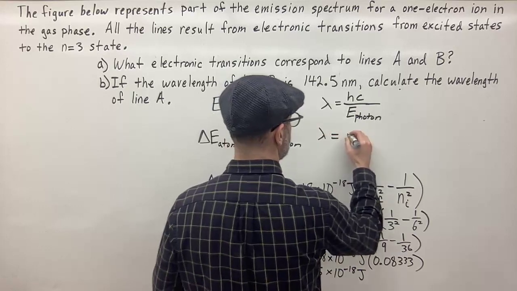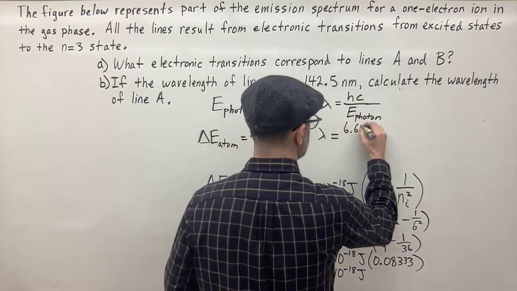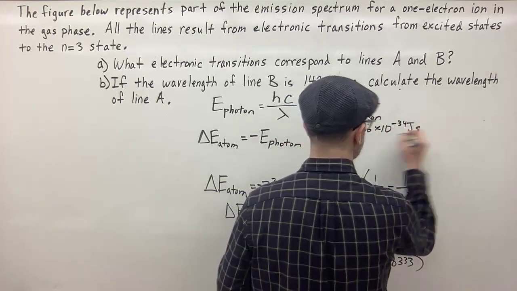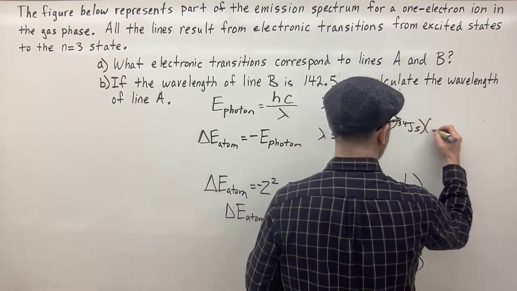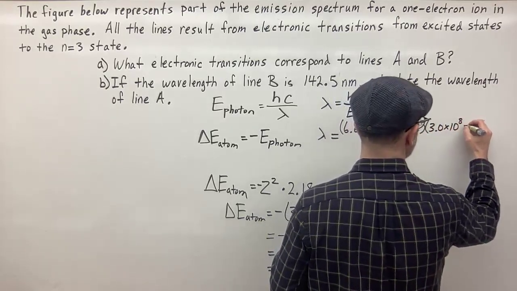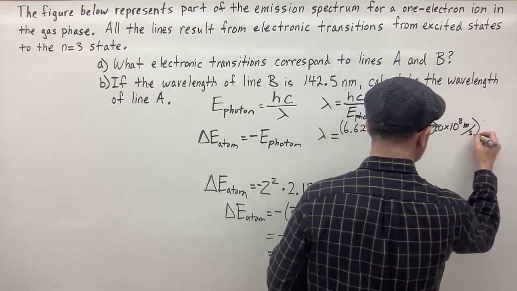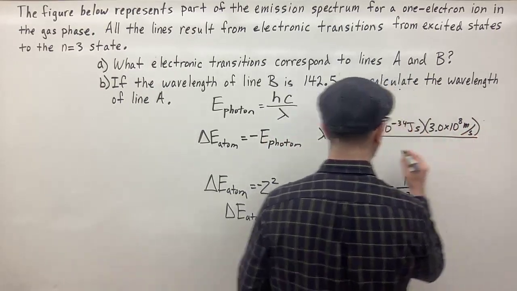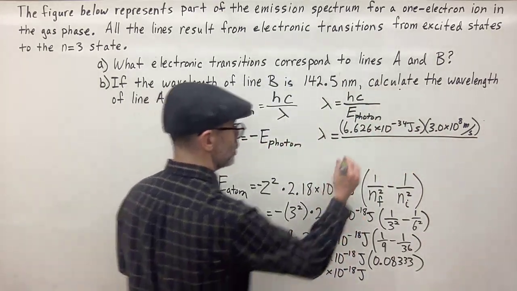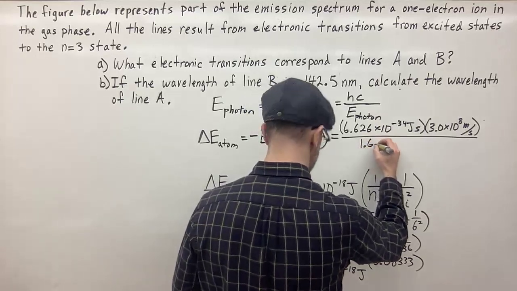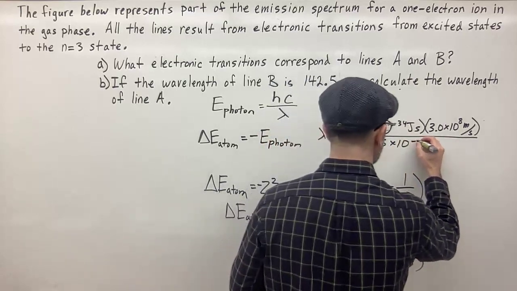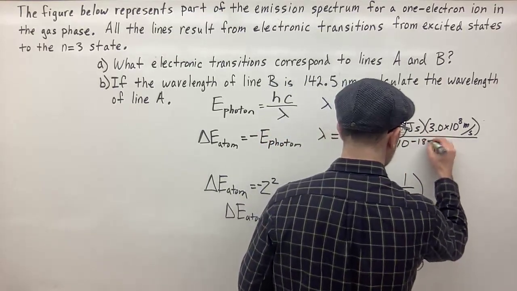So lambda is going to be equal to 6.626 times 10 to the negative 34 joule seconds, multiplied by the speed of light, which is 3.0 times 10 to the 8 meters per second, all divided by the energy of the photon, which we got right here, which is going to be a positive value, 1.635 times 10 to the negative 18 joules.